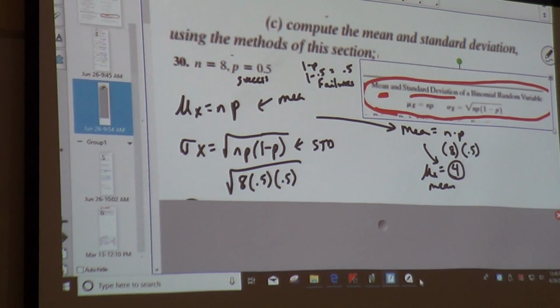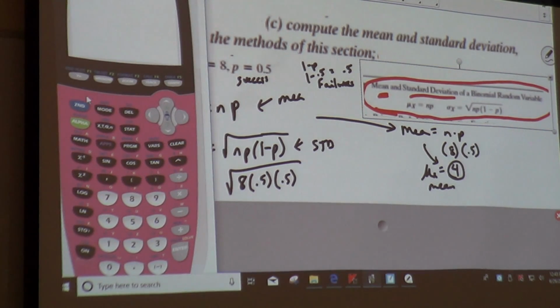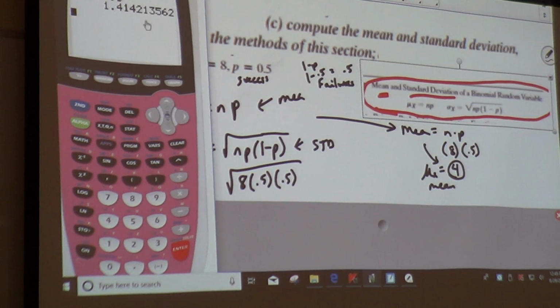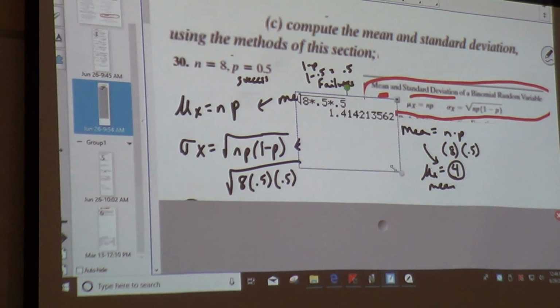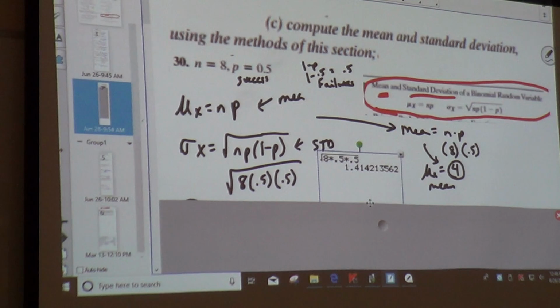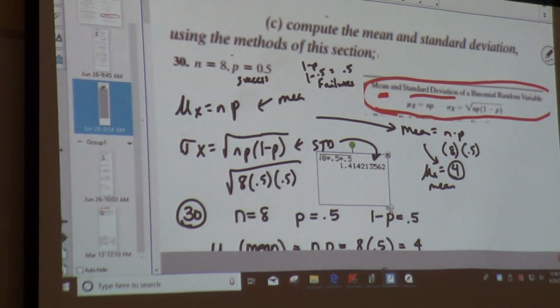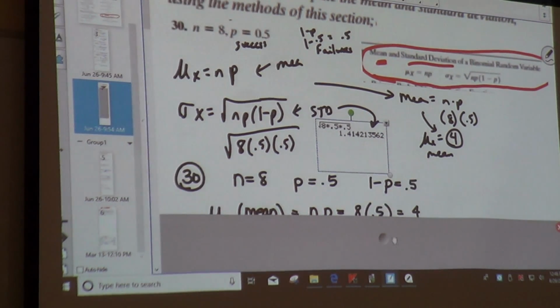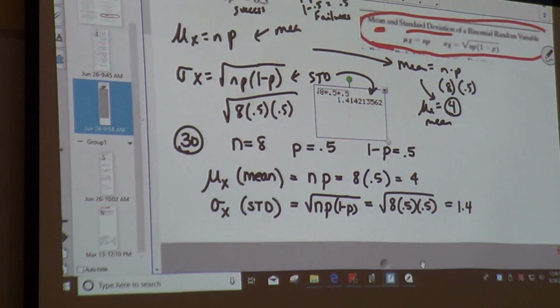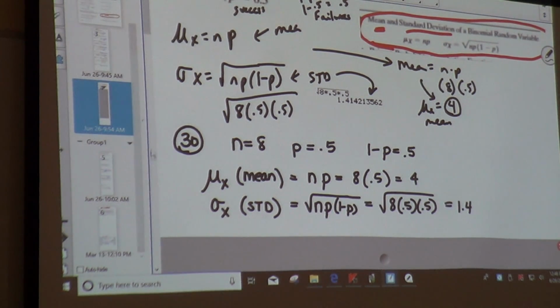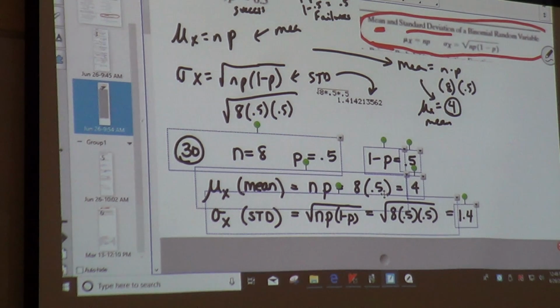So when I go to my calculator, I'm going to do the square root of 8 times 0.5 times 0.5. That gives me my standard deviation of 1.414. That's my standard deviation. And then right below is going to be the pretty version of what I just did. Scooch this down a little bit so we can have a little bit of room.